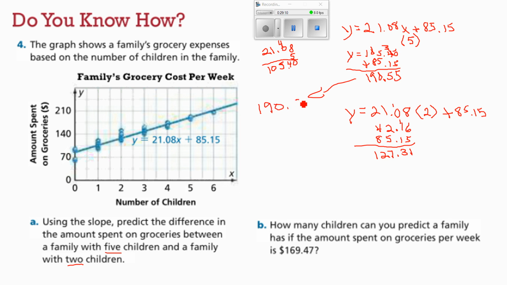190.55. We're going to subtract, remember we want the difference of 127.31. This should give me 5 minus 1 is 4. 5 minus 3 is 2.